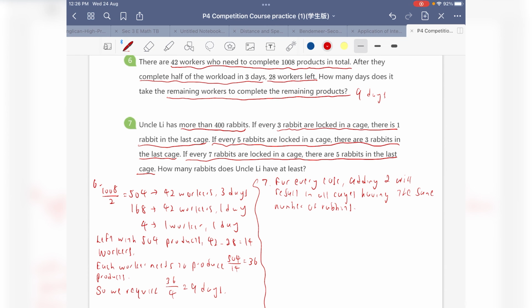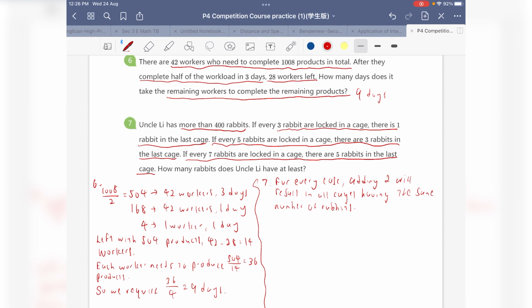You notice that 3 rabbits locked in a cage, we have 1 left. We need 2 more. 5 rabbits locked in a cage, 3 rabbits in the last cage, we need 2 more. 7 rabbits locked in a cage, 5 rabbits left, we need 2 more as well. So that's the main idea.